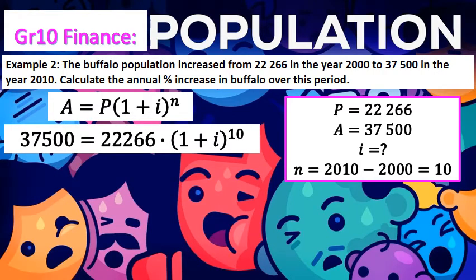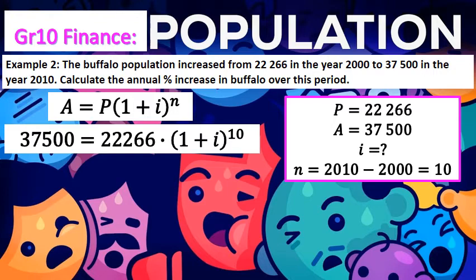And I'm going to be very cheeky and make I the subject of the formula in one step. Before I reveal it, I'm going to go through the process. In order to get the bracket that is raised to the power of 10 alone, we need to undo the fact that it was multiplied by 22,266.